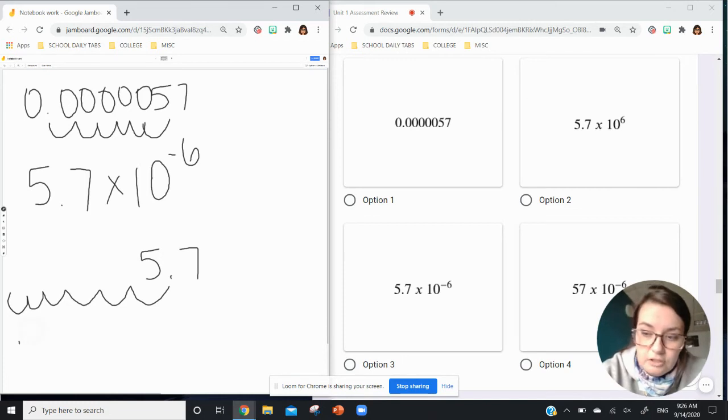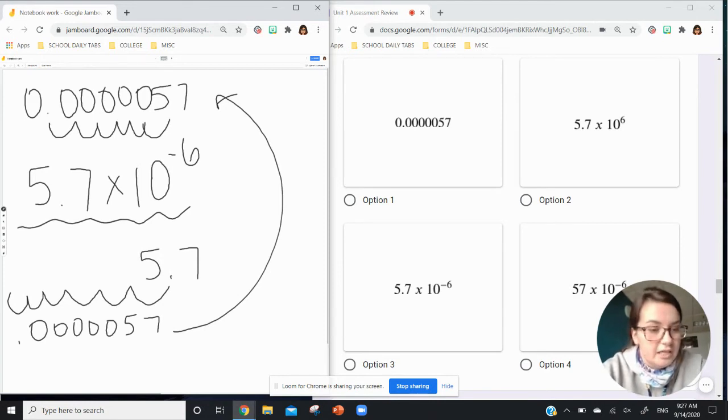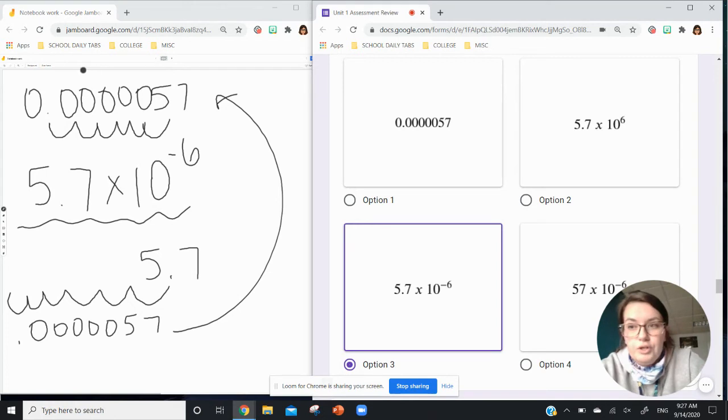So my answer should look like this. And if you look, this and this are the same. So if this ever does get confusing, double check your answer. But this should be option 3.